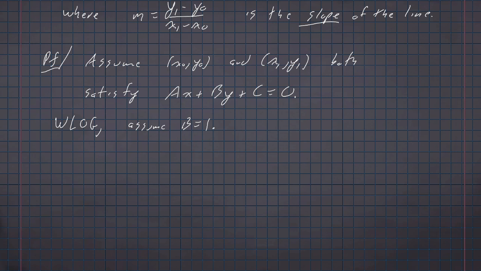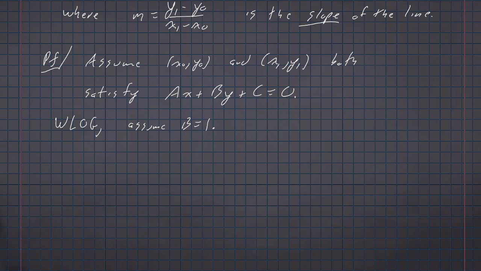Without loss of generality, WLOG, another one of those WLOG statements, I can assume that b is equal to 1. There's no real value in assuming that b is equal to 1, except that it does limit what I am able to do.